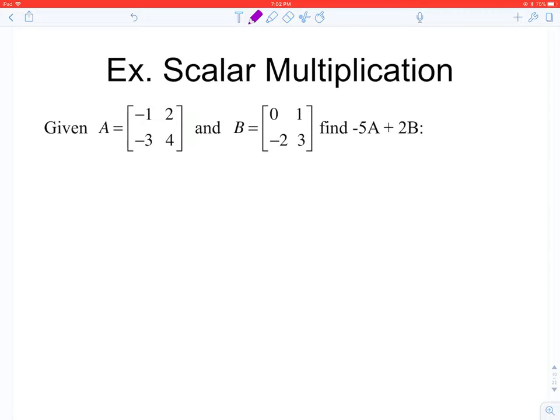Okay, so if we want to find the matrix that results from multiplying matrix A by negative 5 and then adding matrix B multiplied by 2, I can first multiply matrix A by negative 5, so that'll be 5, negative 10, 15, negative 20, and then add matrix B multiplied by 2.